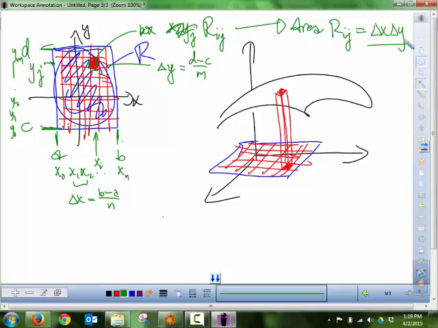All right, so we got the area of the base, and now we just want the height. So base times height business is the same thing. And if you take an x sub i, y sub j point on your domain and put that into the function, that's going to be your height.